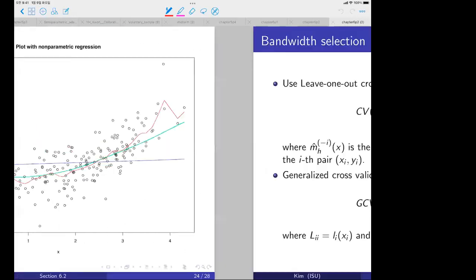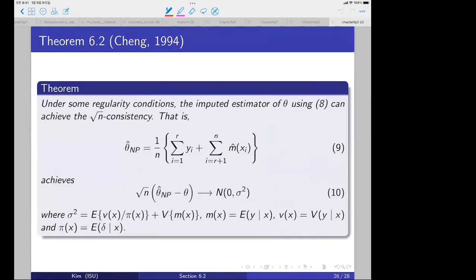In the book, I actually have the proof for this theorem, and I may upload the sketched proof as a note. I have a note for the proof, but it's probably too much for this class. So any questions for this?